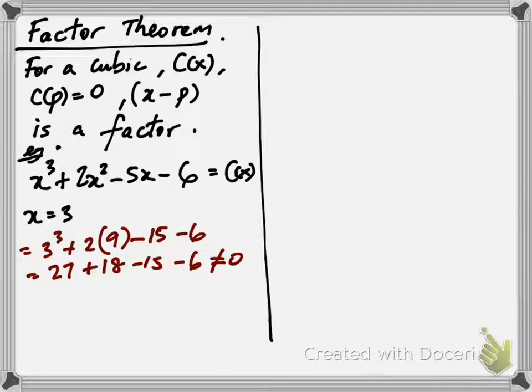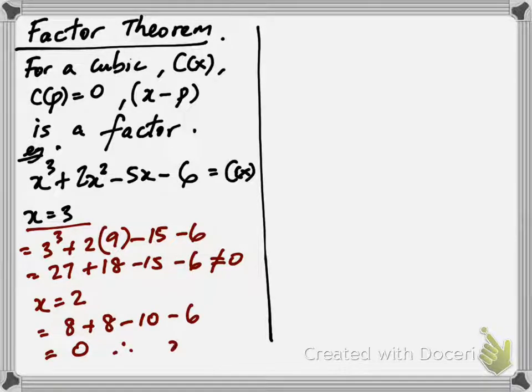So let's say x equals 2. We substitute: 2 cubed, 2 times 4 is 8, so 8, plus 2 times 4 is 8, minus 5 times 2 is 10, minus 6. So 8 plus 8 is 16, and then minus 16, and we have 0. Therefore, x minus 2 is a factor.